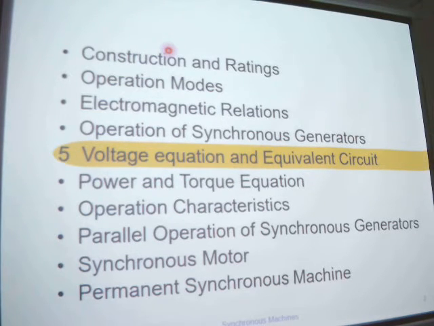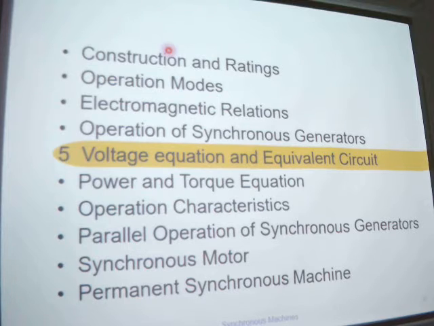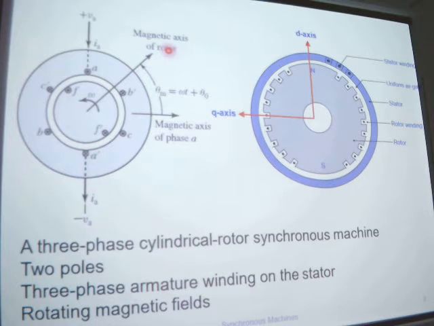So the important part is the equivalent circuit. Let's see this. This is a three-phase synchronous machine with two poles, and it is a cross-sectional sketch of a three-phase machine.